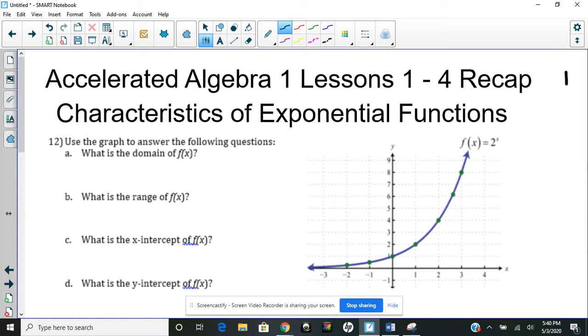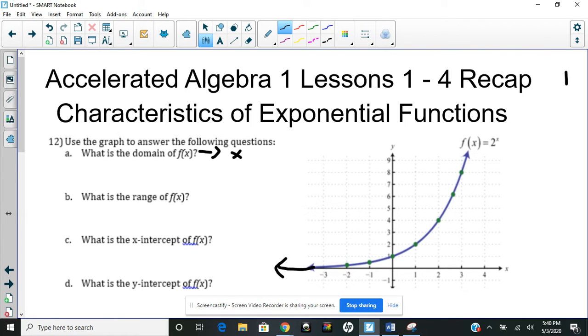So we're going to look at this function and we're going to look for the domain. Now, domain means the x values. Where does this graph exist in the range of the x values? Well, I probably shouldn't have said range because that's the next one, but where does this exist for all the x values? If I look at this graph right here, we have an arrow, and this can keep going this way.